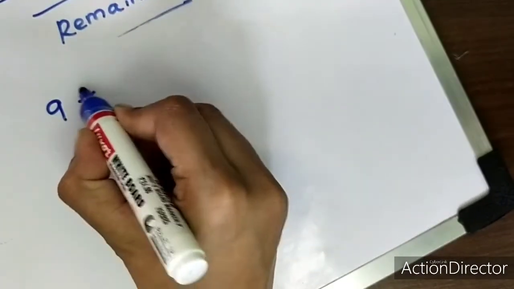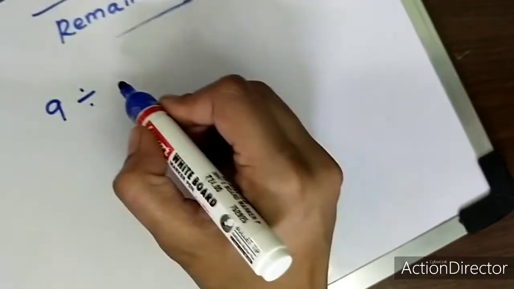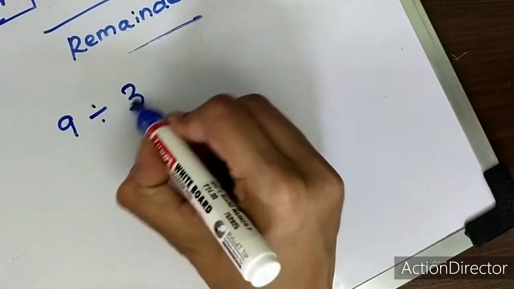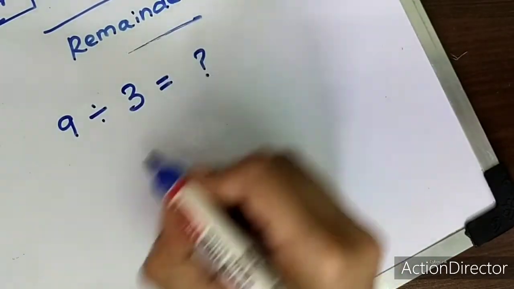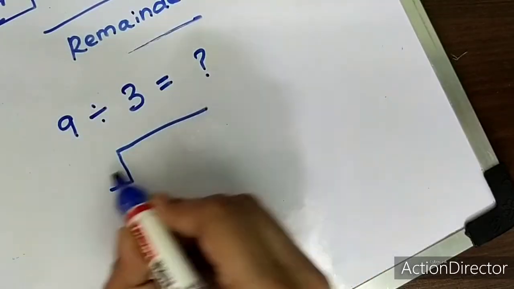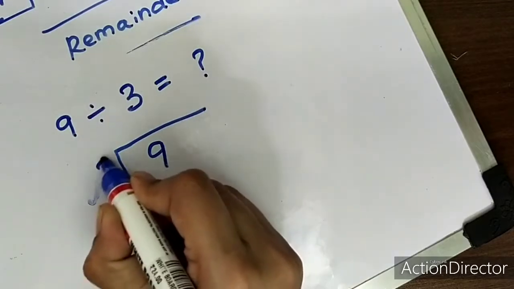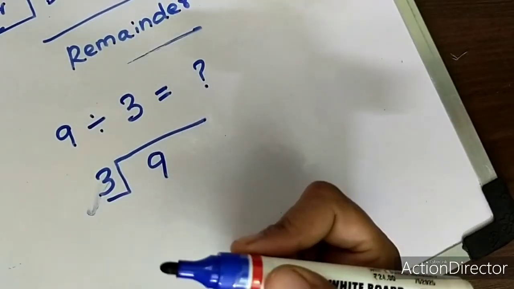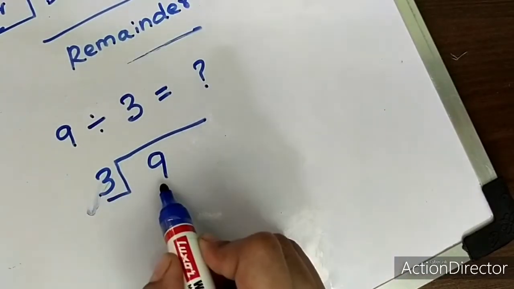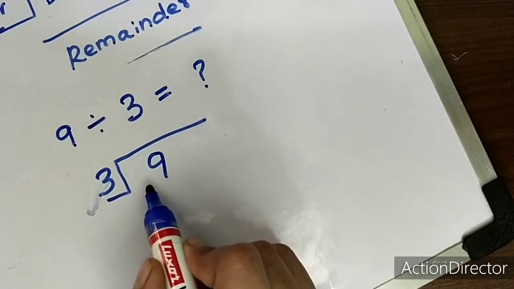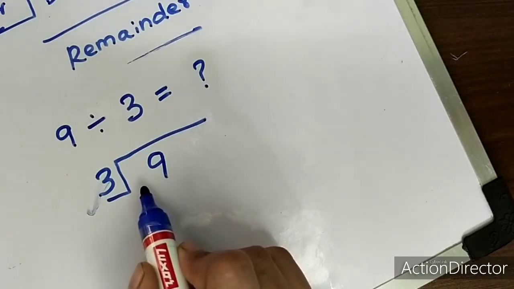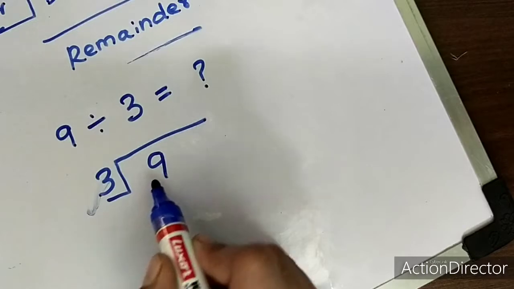One more sum. 9 divided by 3. What will be the answer? How will you divide 9 divided by 3? 3 tables 9 how many times? 3 ones are 3, 3 twos are 6, 3 threes are 9.